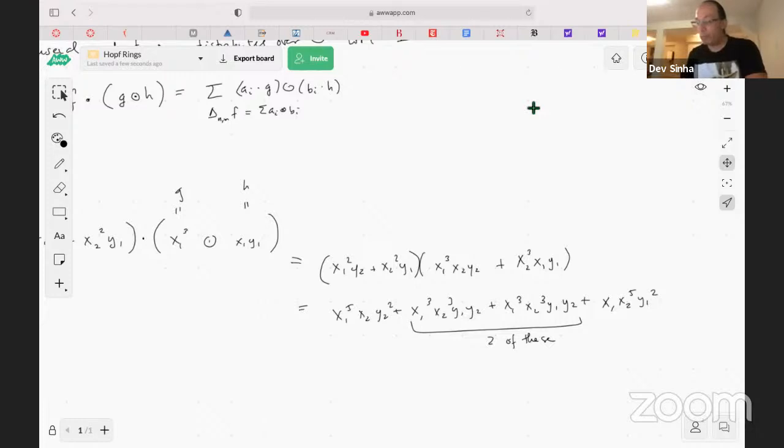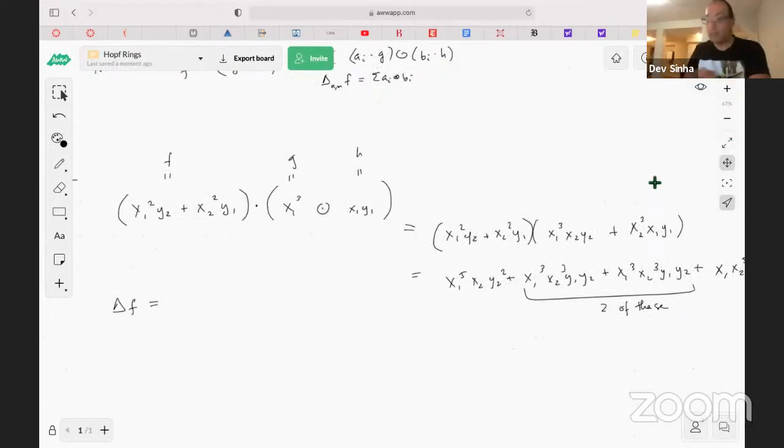And then what you hopefully appreciate is that via the coproduct formula, we have to, well, let's look at the coproduct of f. And that ends up being, say, x1 squared tensor y1. That's the 1-1 coproduct.